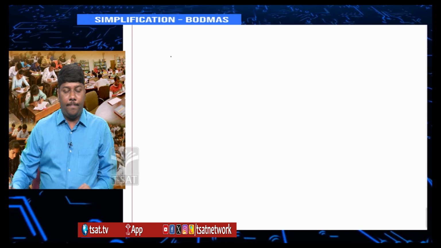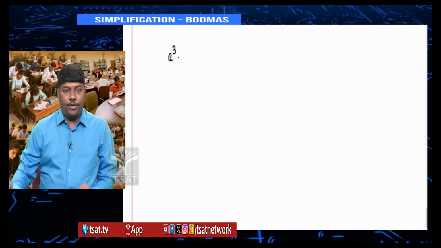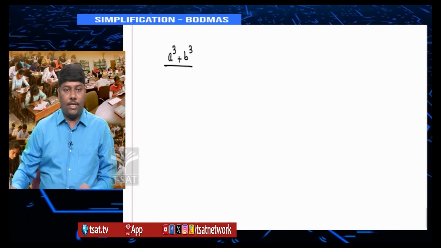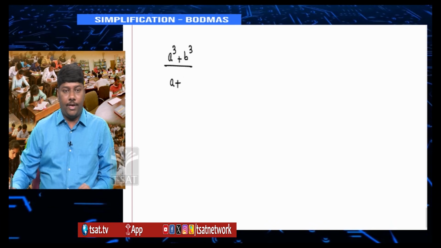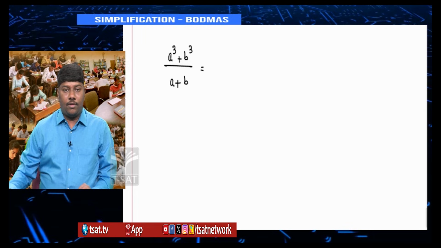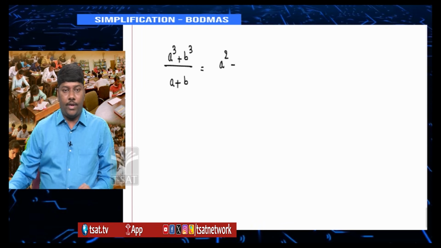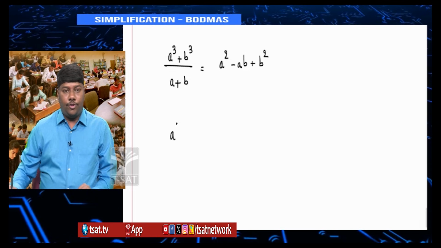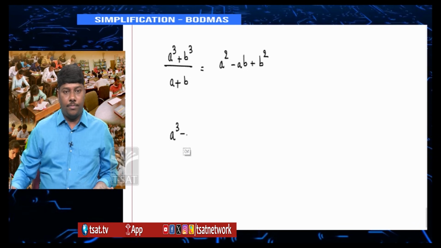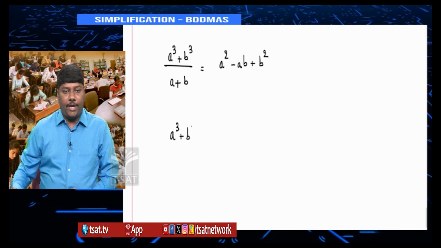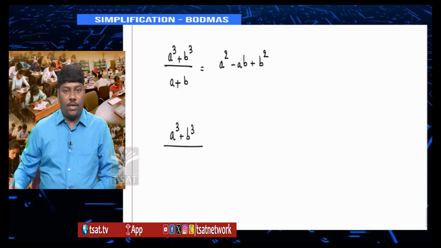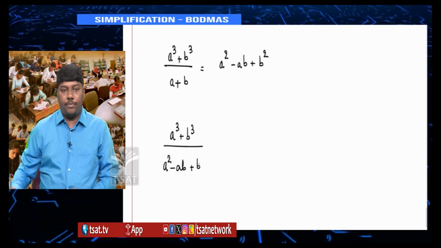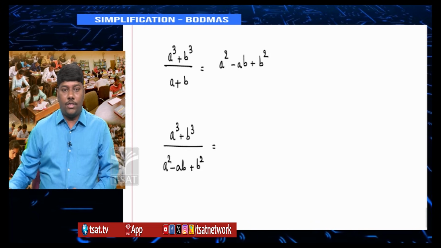So, if the same formula, if I write a cube plus b cube divided by a plus b, if I divide it by a plus b, a square minus ab plus b square. A cube plus b cube, if you divide it by a square minus ab plus b square, it is going to be a plus b.